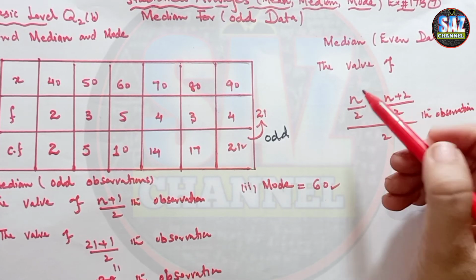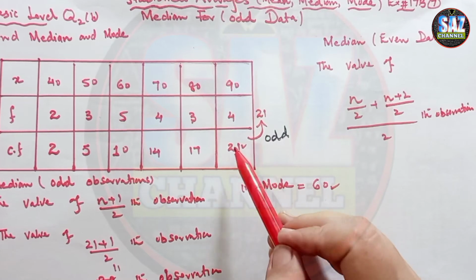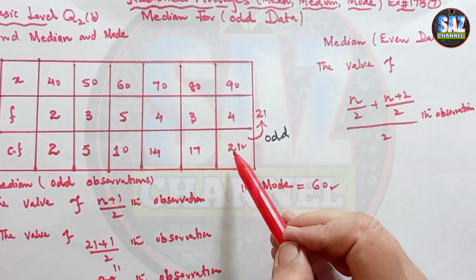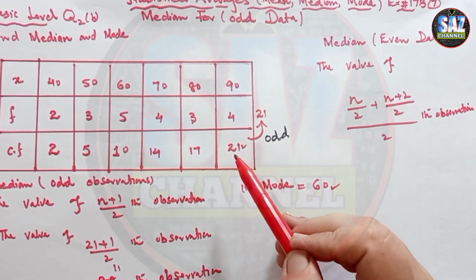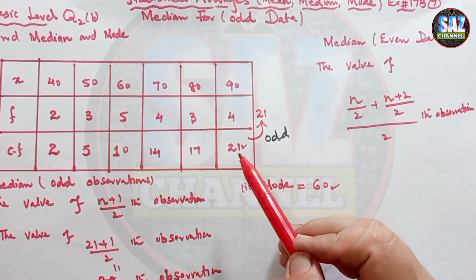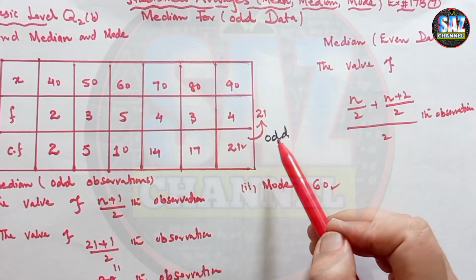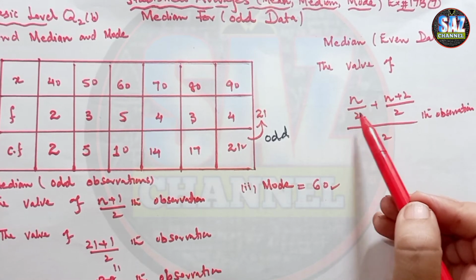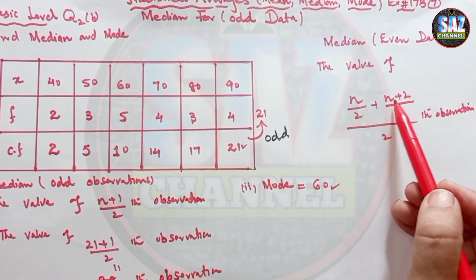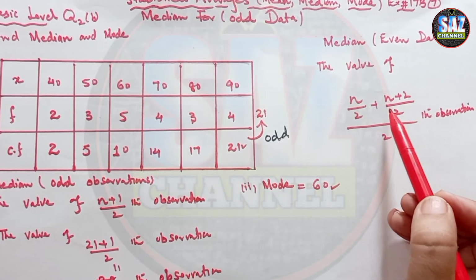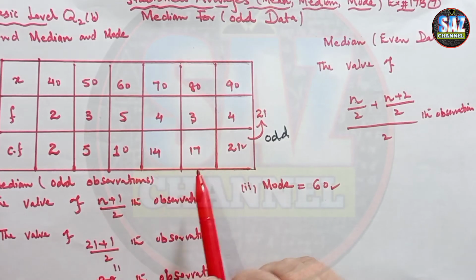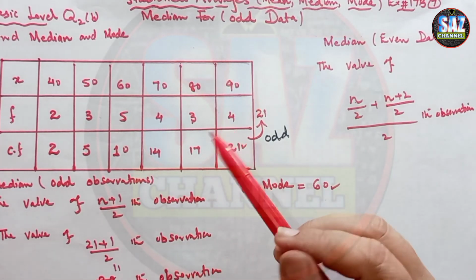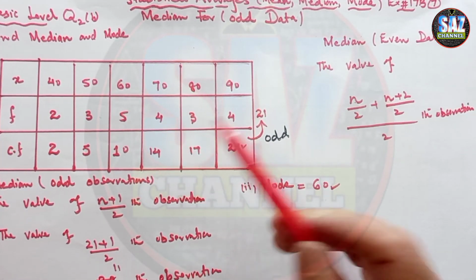Now try to understand: n will be the last number of your cumulative frequency, the sum of the frequencies. You have to write it and make it half. You have to add 2 to the sum of the frequencies and make it half, then locate these two numbers in the cumulative frequencies, and the values of x will be the median.